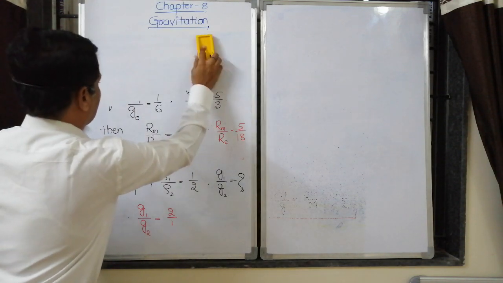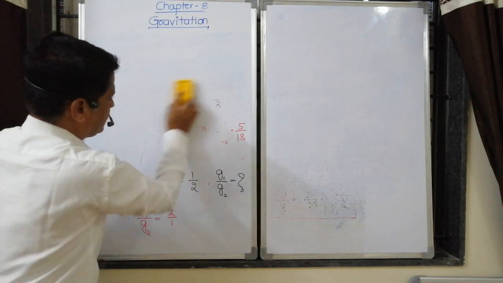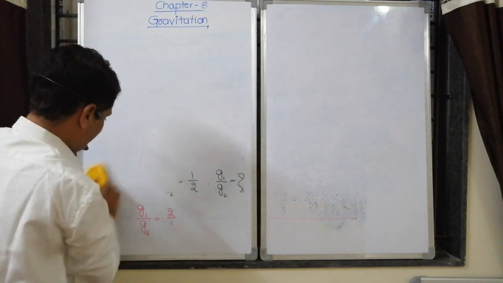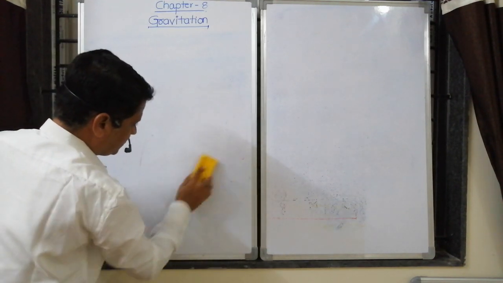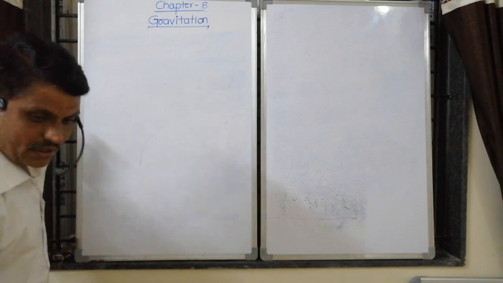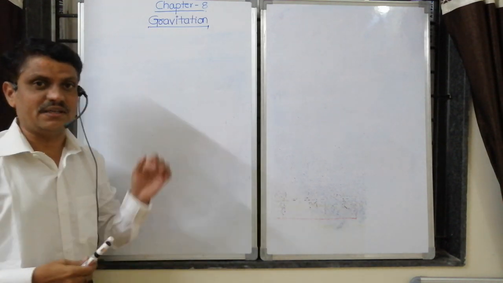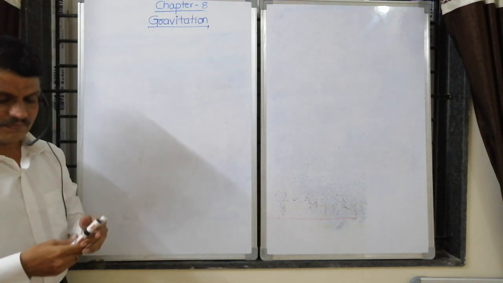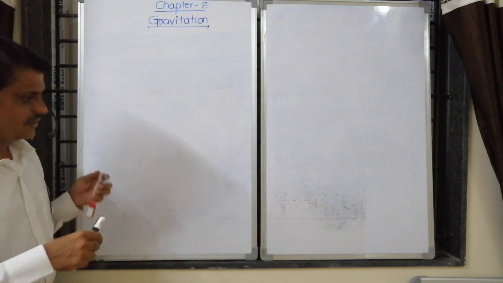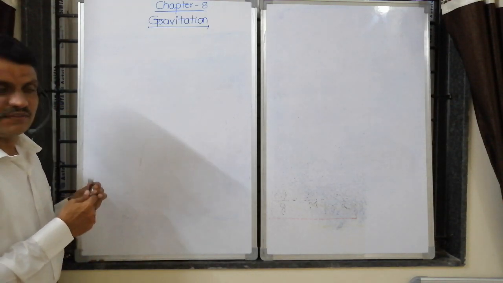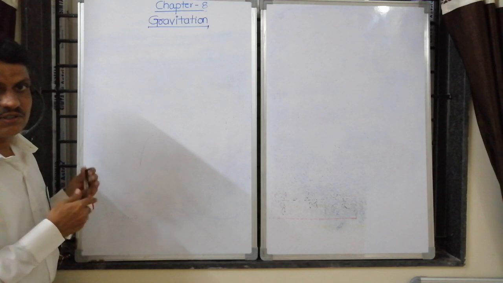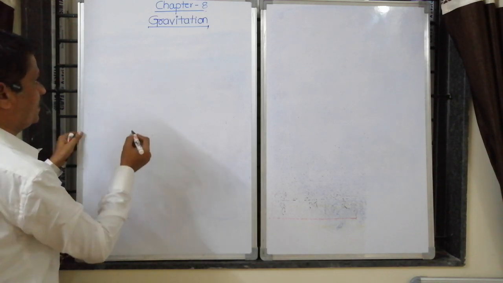Now the next part of this topic is variation of g. As you know, g varies with height as well as depth, as well as due to rotation of earth, as well as shape of the earth, right?